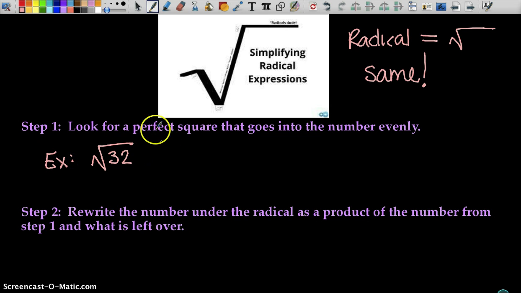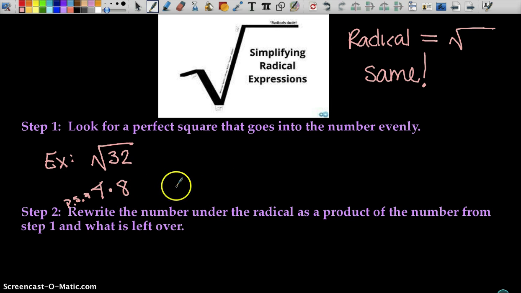Now, we're looking for two numbers that will multiply to give us 32, where one of them is a perfect square. Well, we know that 4 would go into 32 evenly, right? 4 times 8. And we know that 4 is a perfect square. So this one right here is a perfect square. But then we want to check and see if maybe there's something higher.